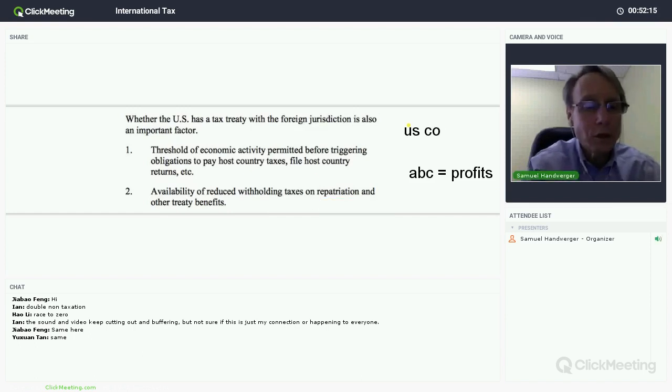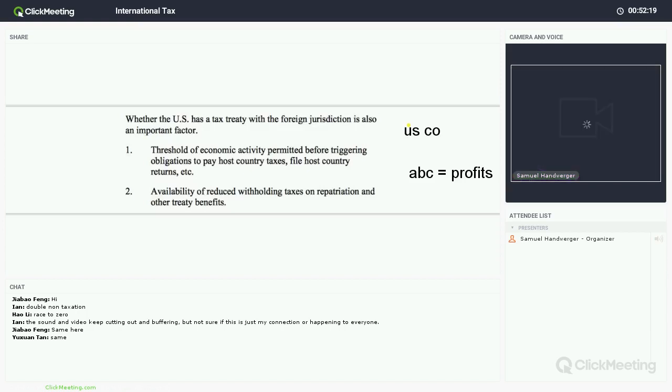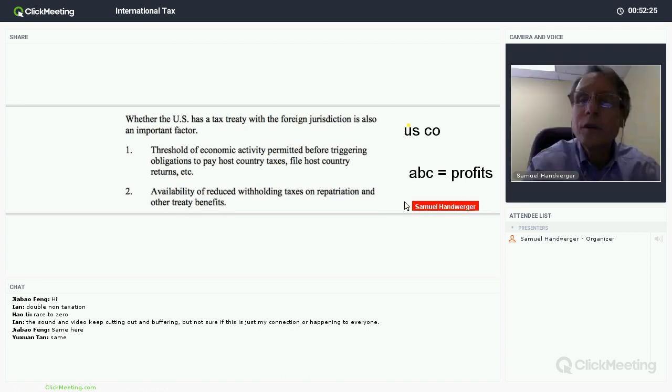All right, yes. Is it a problem? See, it still cuts in and out. So when it cuts out on the videos, the sound's cutting out.